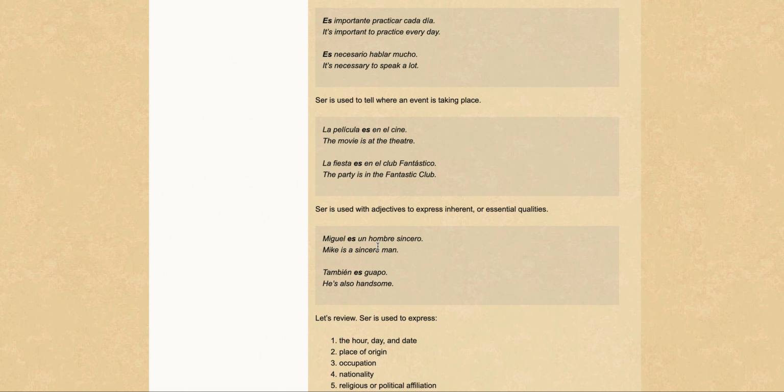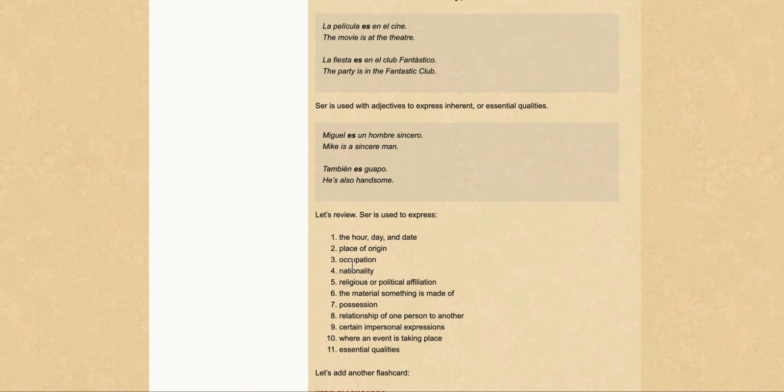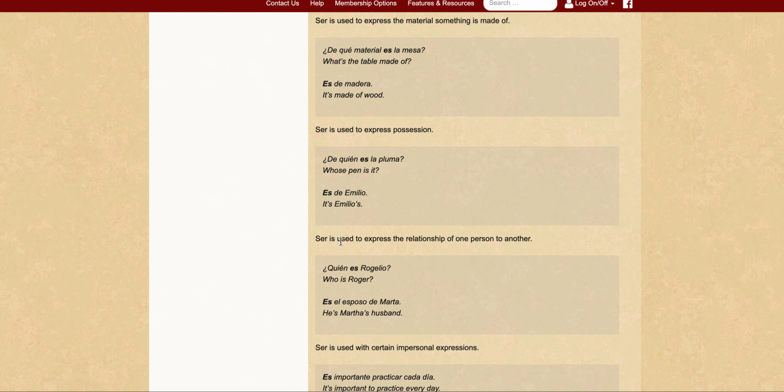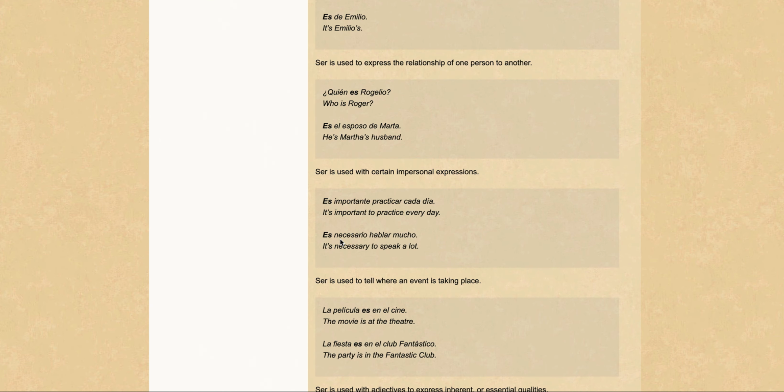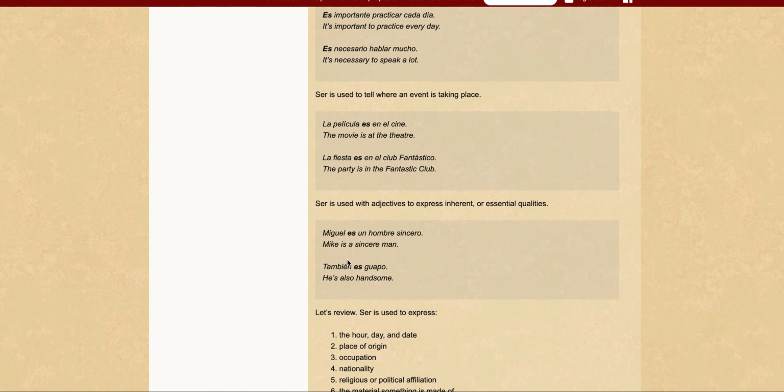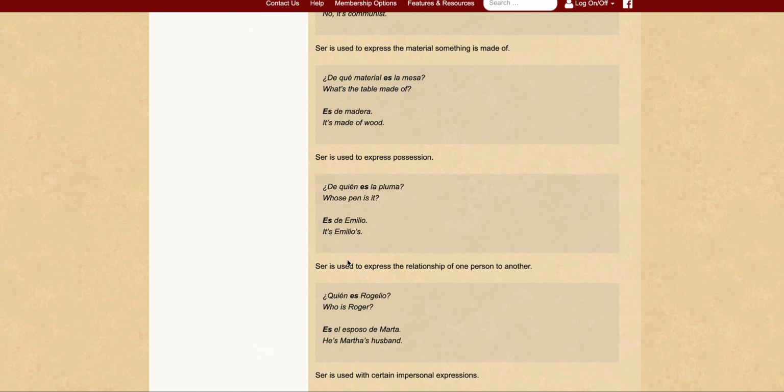He is also handsome. So basically, we're seeing 11 different ways or situations or scenarios where you can express or use the said verb form. And we've seen the different ways it is used in terms of the forms, right? You can use es, son, eres, right?